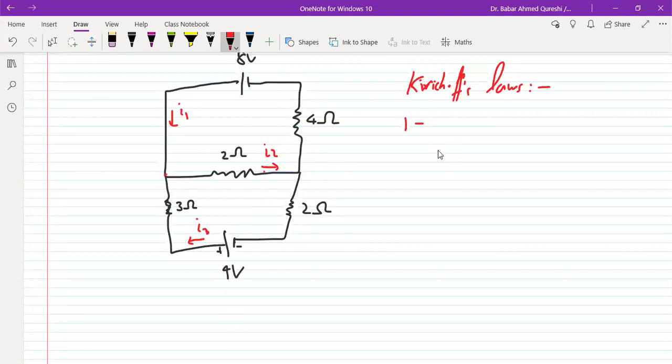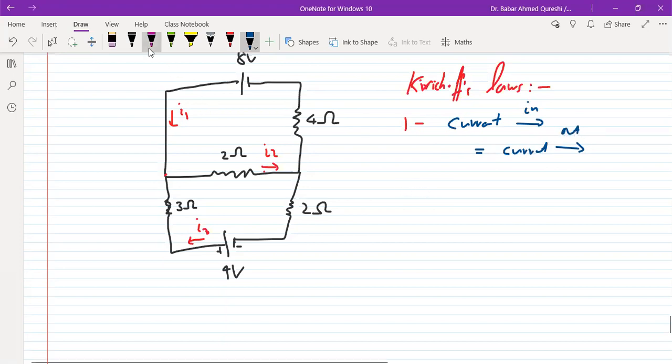The law says that as much current as goes in must be equal to the current which goes out, just like traffic, because current is nothing more than flow of electrons. So current going in is equal to current going out. If I use that, I1 is going in and I3 is going in, and that must be equal to I2.